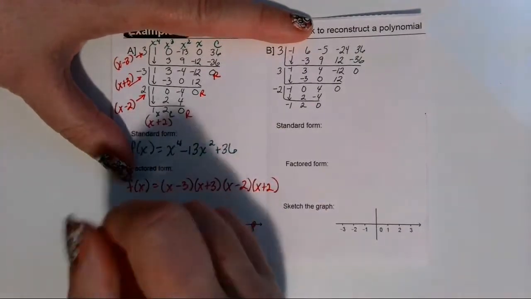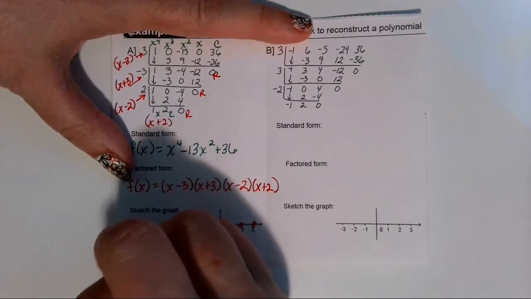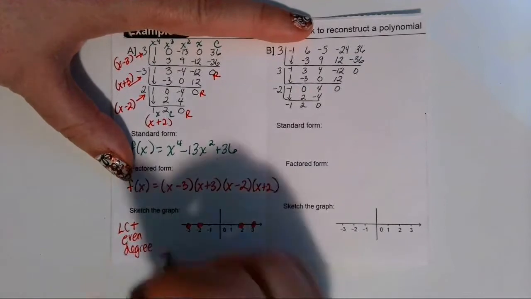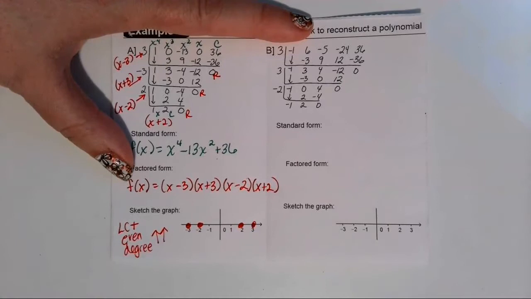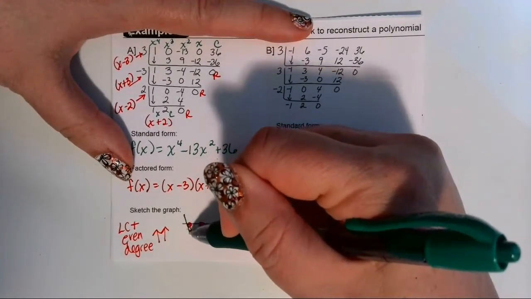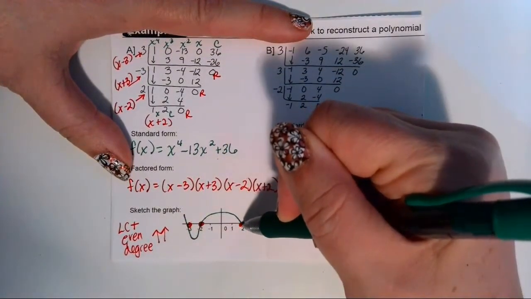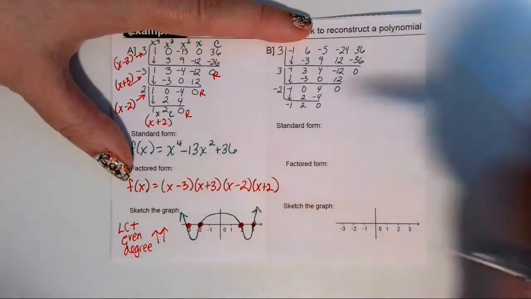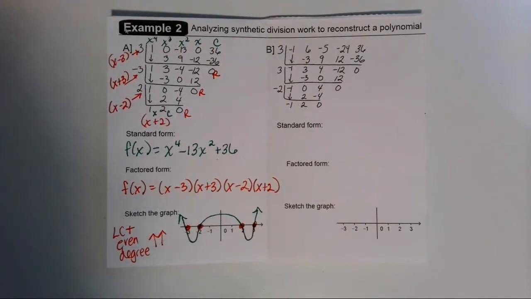My leading coefficient is positive, and the degree is even. And so using the leading coefficient test, we know that both ends have to face up. So when I sketch this polynomial's graph, I would cross down through negative 3, up through negative 2, then down through positive 2, and up through positive 3. And that would be 4 crosses at my 4 real zeros.